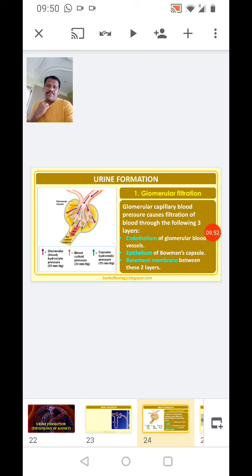This filtrate or primary urine is hypotonic in condition. Hypotonic means more water and less content. Substrates are less in amount and water is more. That's why it is hypotonic in condition, right?